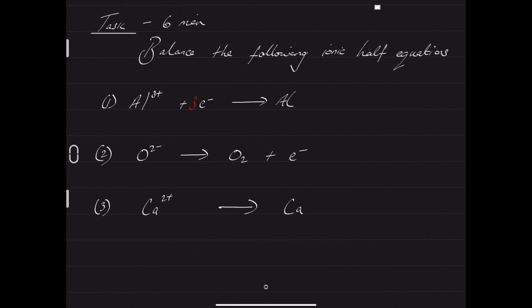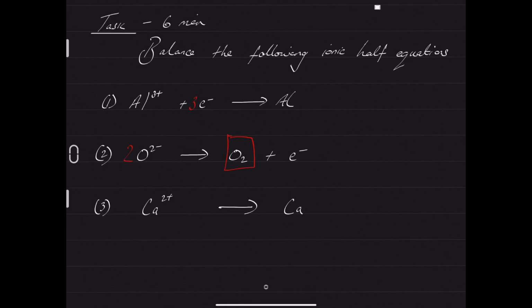If we look at this part of the equation, we have 2 oxygens. Therefore, we need a coefficient of 2 here to make it balanced in terms of how many oxygen ions we have in relation to oxygen atoms.